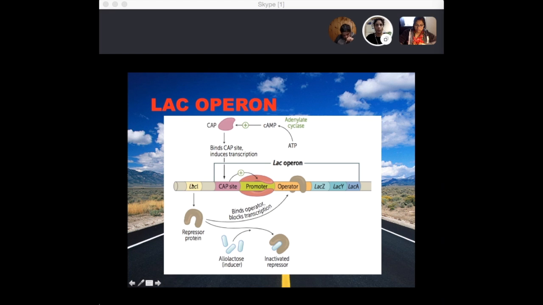And what lacI codes for is a protein called the repressor protein that will bind to the operator here and prevent RNA polymerase, this red little structure, from transcribing the lac genes. So that's going to happen. It's going to repress if no lactose is available.